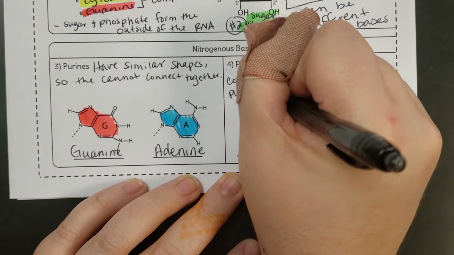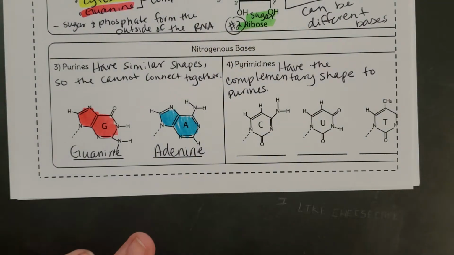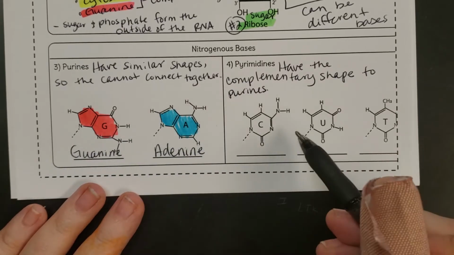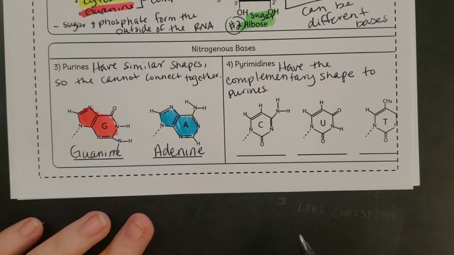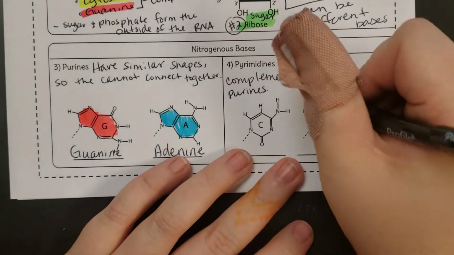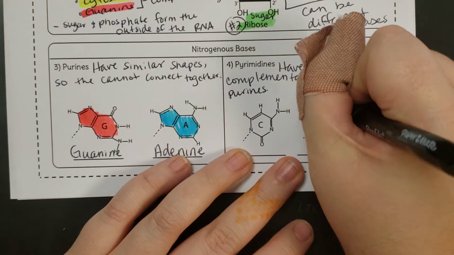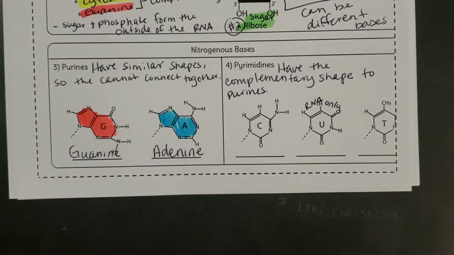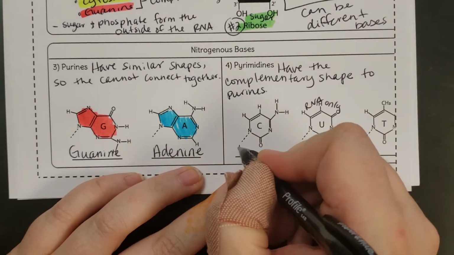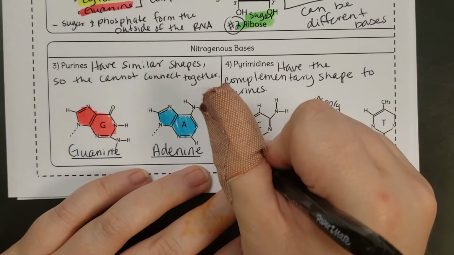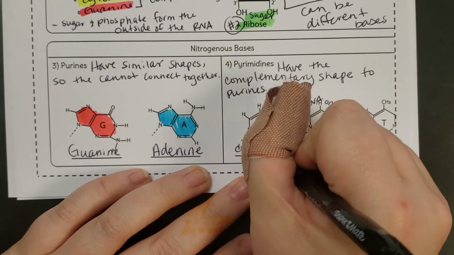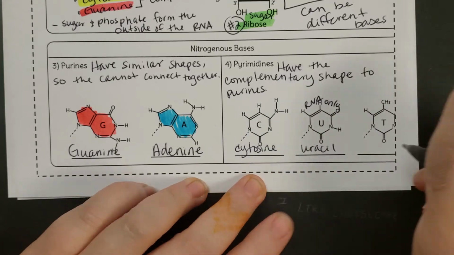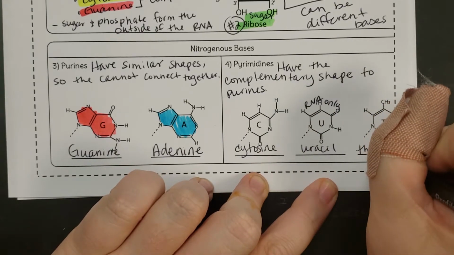They're the ones that match the purines. So when you have the 2's here, and it matches one of the ones over here. This one, you're gonna label RNA only. And this one is cytosine, uracil, and thymine.